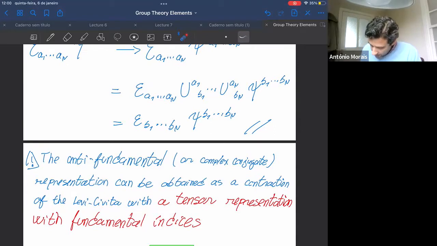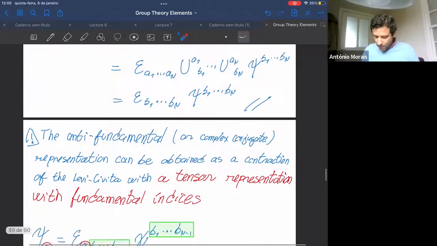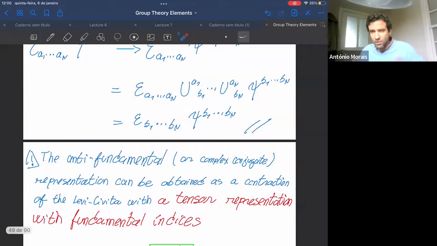It can be obtained as a contraction of the Levi-Civita with a tensor representation with fundamental indices. So in essence, you can pick up the fundamental and build the anti-fundamental. In fact, the fundamental is also called the defining representation. And you can build every group representation from the fundamental one.